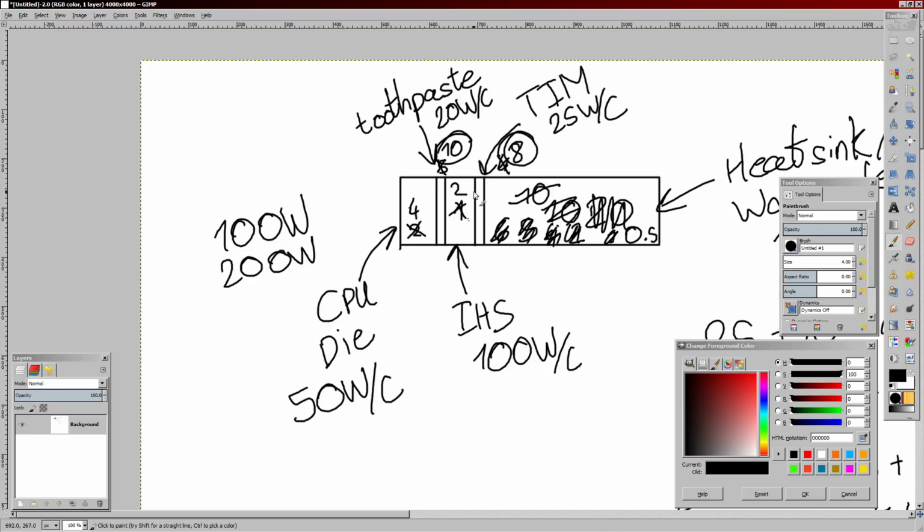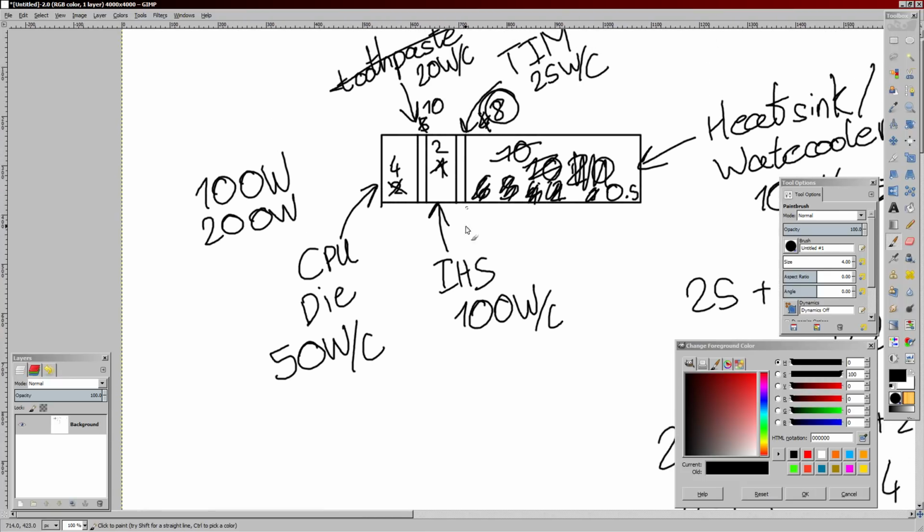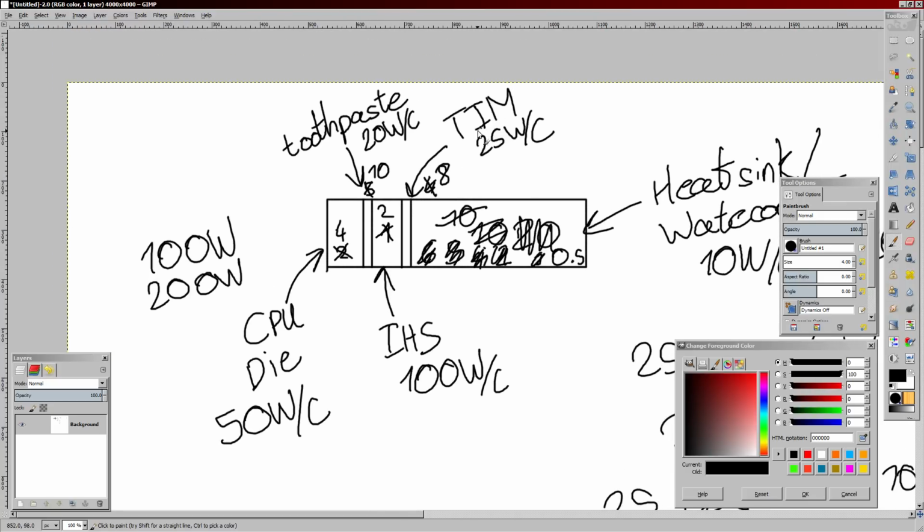So this is why delidding is a thing, because if you can eliminate things like the toothpaste, and let's say we upgrade both of our thermal interface materials, but mostly we just get rid of the toothpaste. Let's just say we only got rid of the toothpaste and replaced it with the same thermal paste we used on the other side of the heatsink. Well, we go from that 20 to 25 watts.